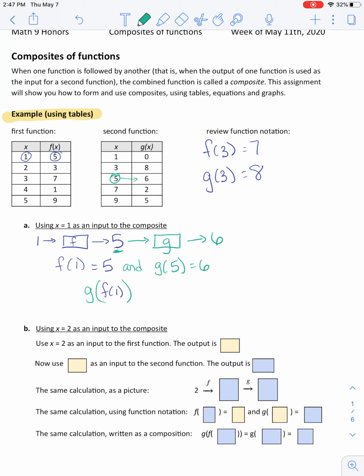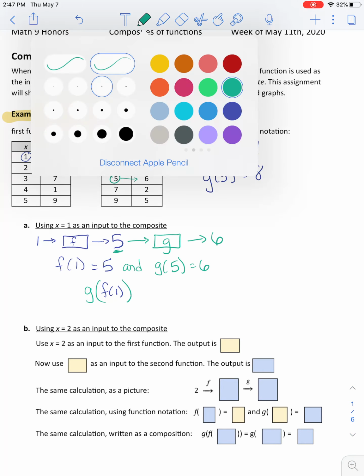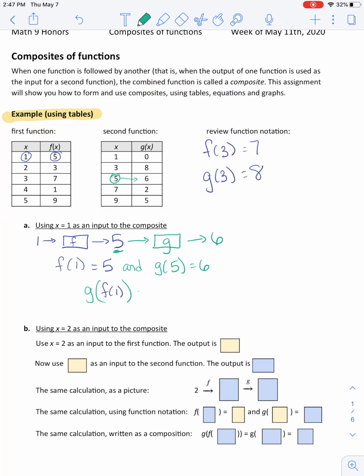So we read this as g of f of 1. And so when we do g of f of 1, we work from the inside out. So this is equal to g of f of 1, which we said was 5. And then g of 5 is equal to 6.